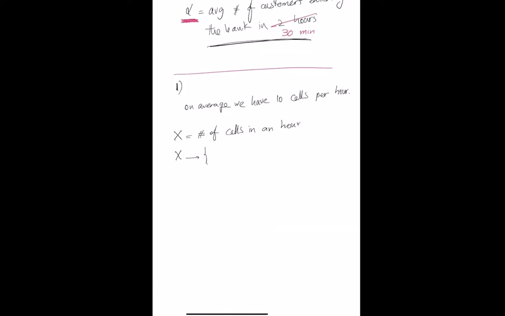Number of calls we receive in an hour. What are the possible values? 0 to infinity. And now I want to know what is the probability that we get exactly 5 calls in an hour, okay?